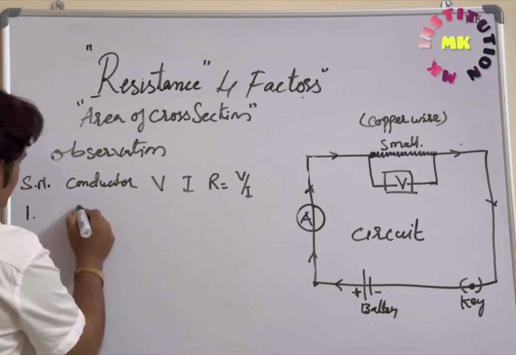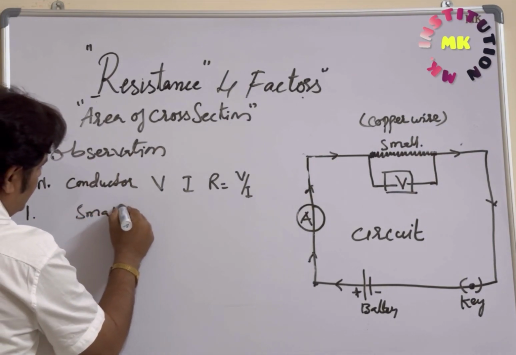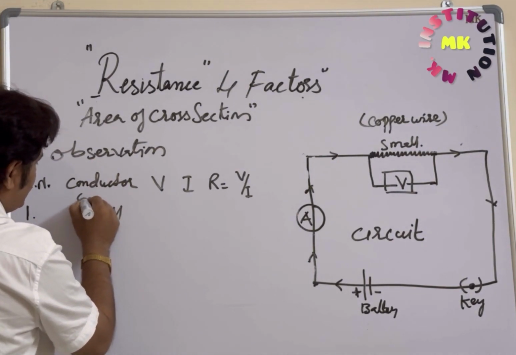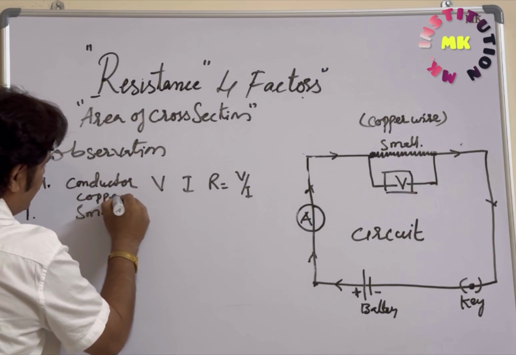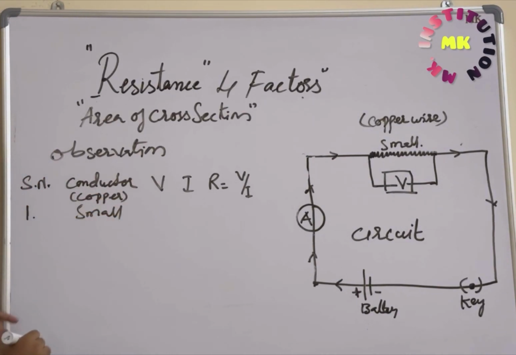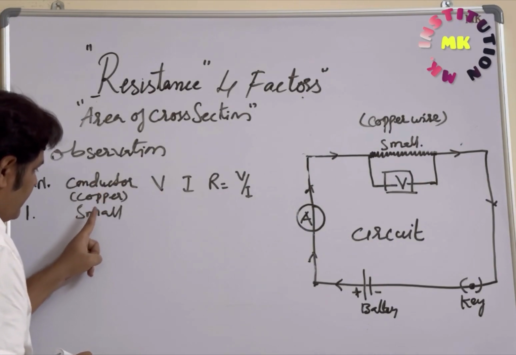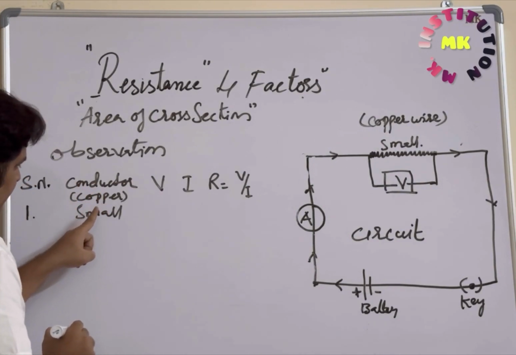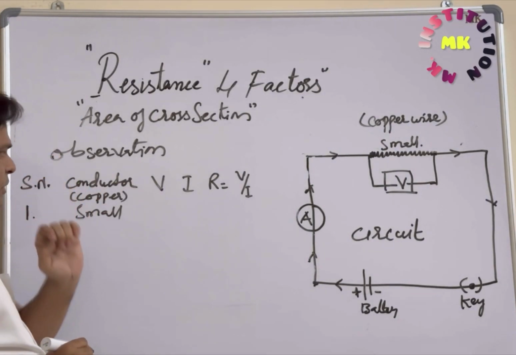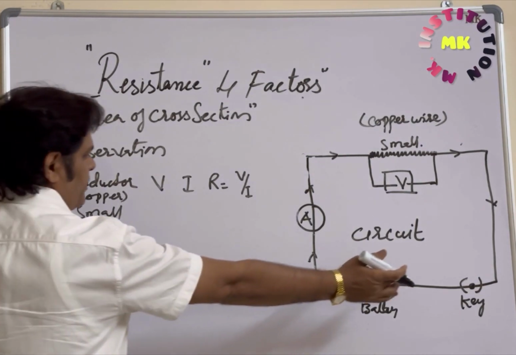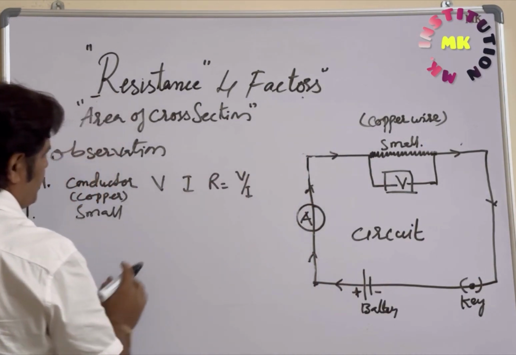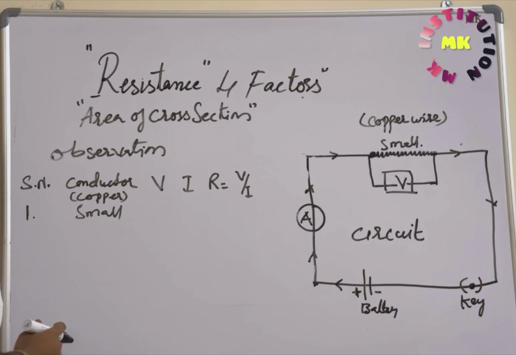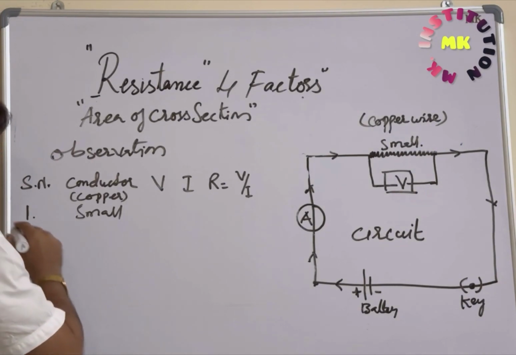Which conductor are we using? Copper, with a small area of cross section. Now note down the readings. You have already switched on the key. Now note down the readings here. What will you see in the readings?